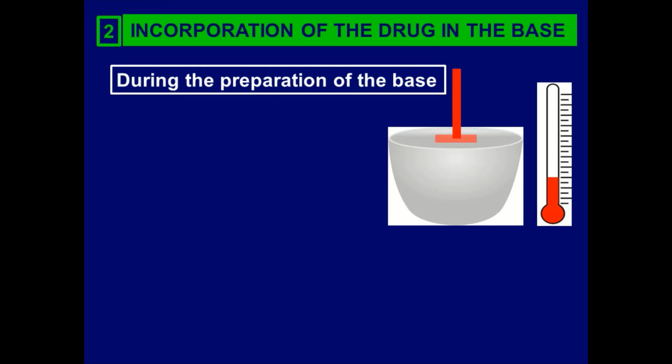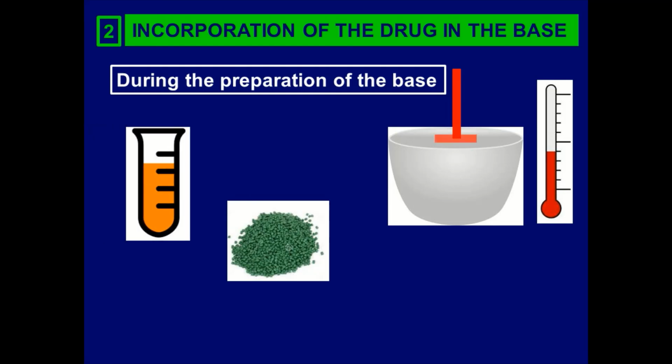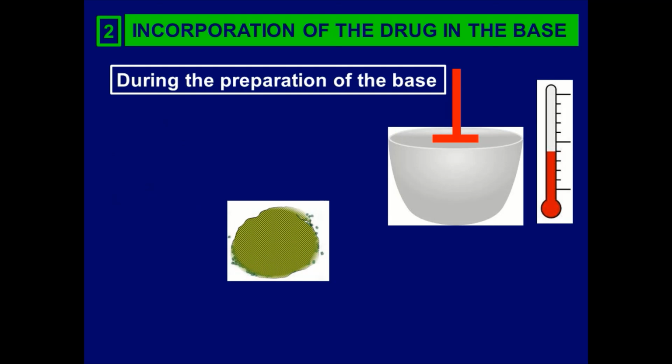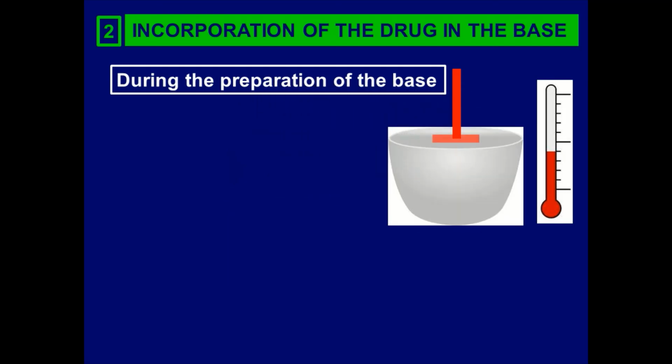So if your base is liquid paraffin or any liquid fat, you can use it to levigate the drug, add it separately to the drug, levigate the drug with this liquid fatty substance, and then add the levigated drug to the base to ensure good mixing of coarse powdered drug with the base.